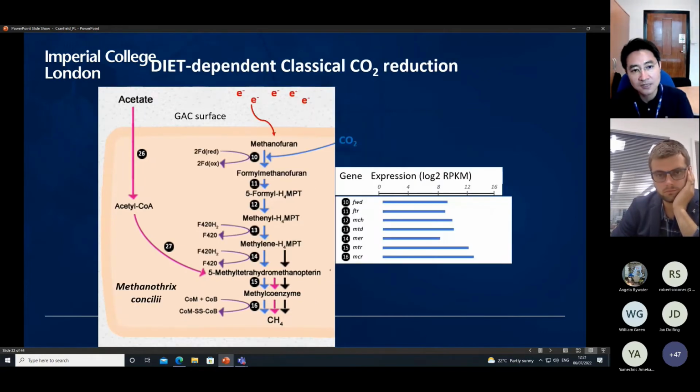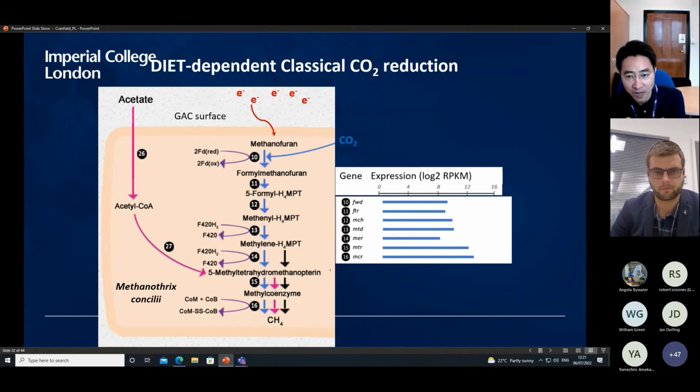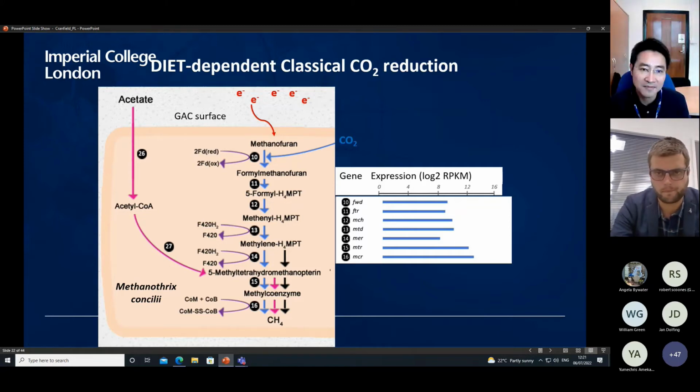So it means that some Methanothrix use acetate, some use direct electrons from Geobacter through GAC. So they have some sort of ratio, but this upregulation result cannot quantify how much methanogen uses acetate and how much goes with the electrons. But you can see it's already highly regulated.